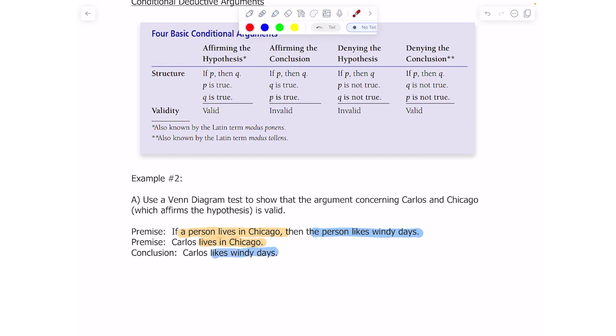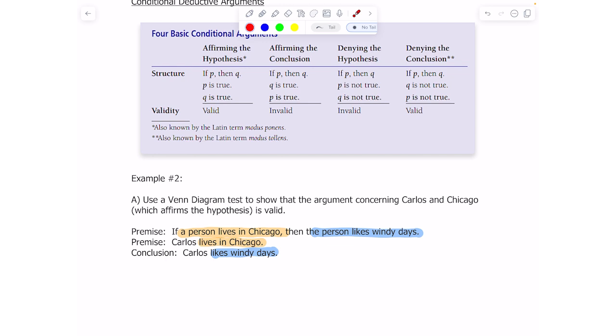If you relate it here to this, it's if P, then Q. P is true. Carlos does live in Chicago. So Q, Carlos likes windy days. That's true. That's a valid argument, and it's valid because of affirming the hypothesis.